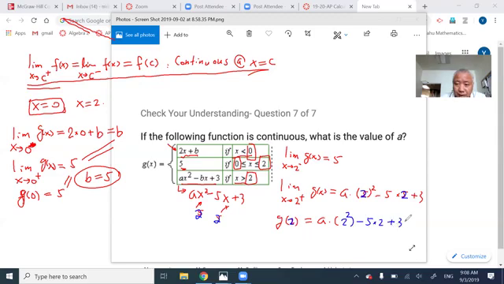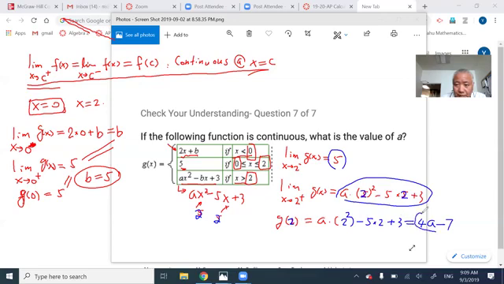That is 4a, and 2 times 5 is 10, so negative 10 plus 3 is negative 7.